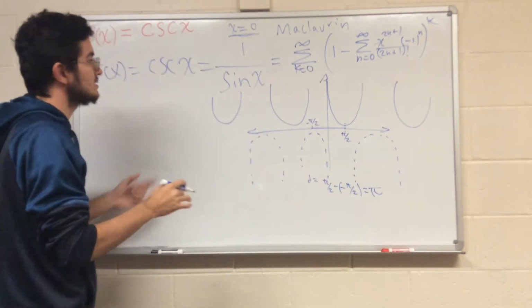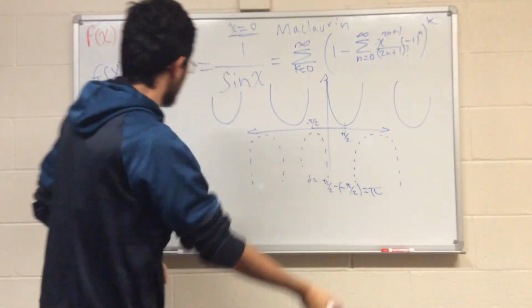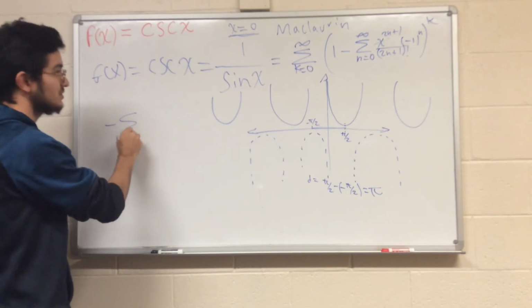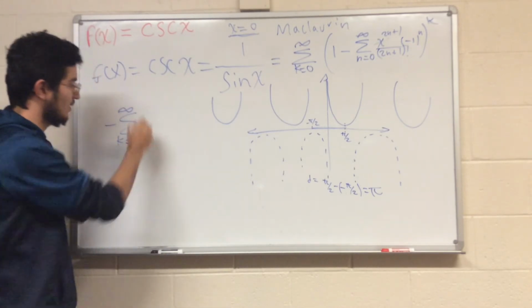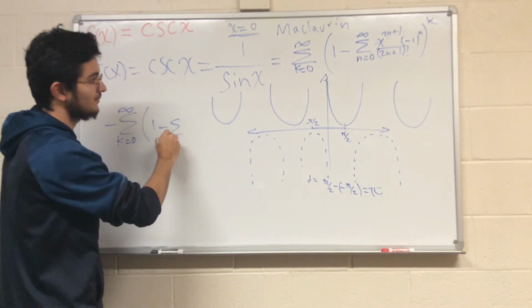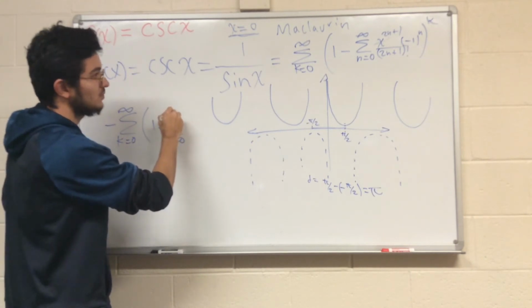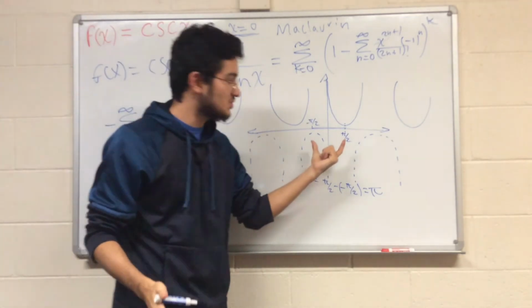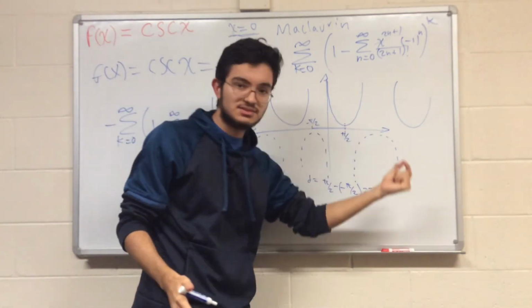So what we can do is take this series and multiply it by negative 1, so we have the negative series from k equals 0 to infinity of 1 minus the series from n equals 0 to infinity of, and now over here we're going to shift the graph pi units to the right.